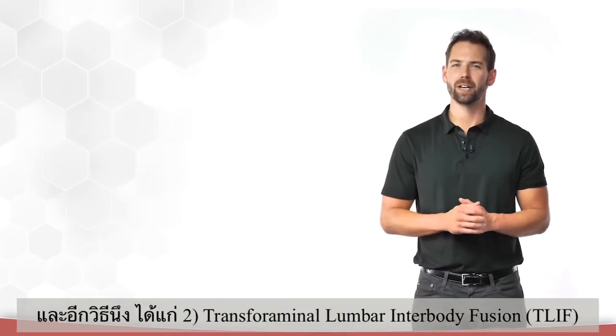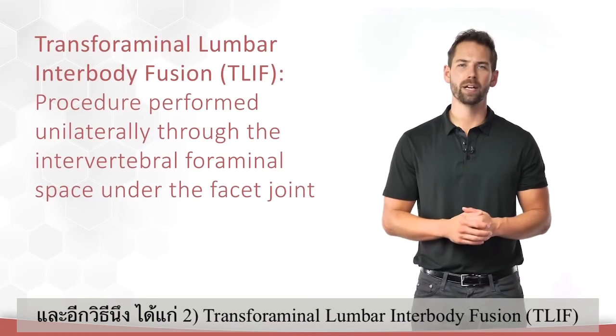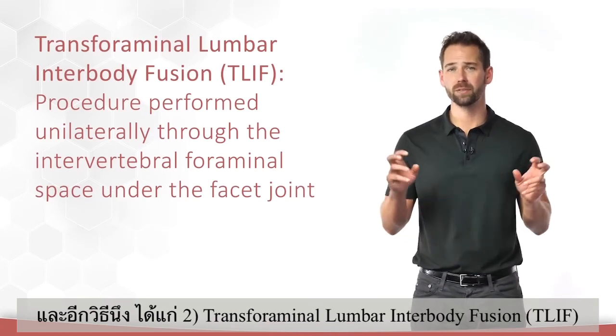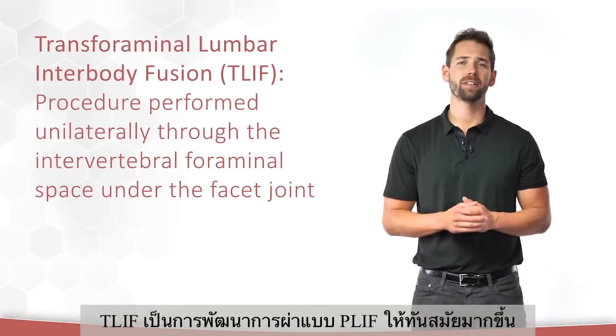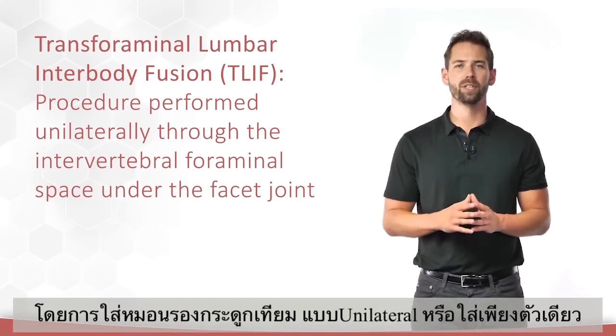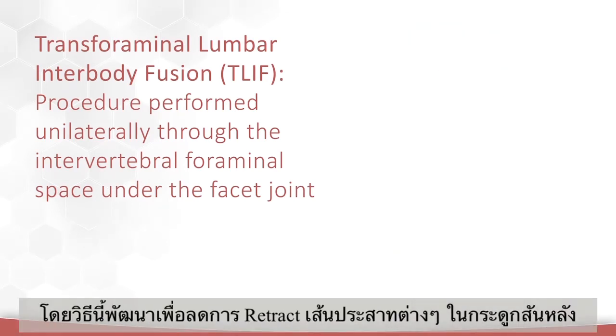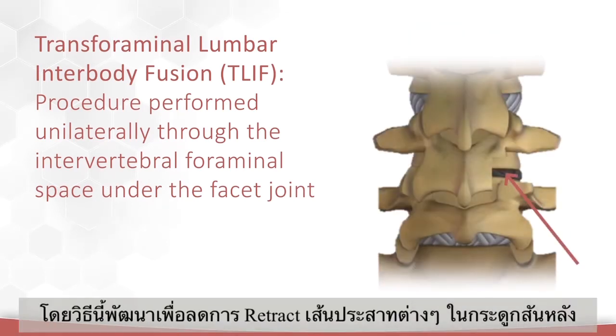The other very common posterior interbody approach is the transforaminal lumbar interbody fusion, or TLIF. TLIF is a modification of the classic PLIF procedure performed unilaterally through the intervertebral foraminal space under the facet joint. It was developed to avoid the dural retraction required to get into the disc space from the back.